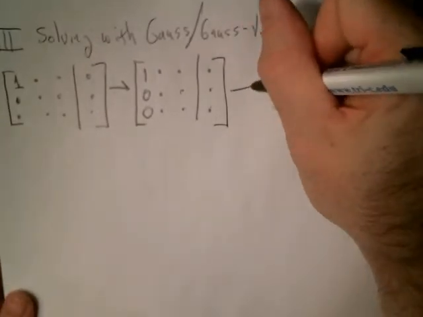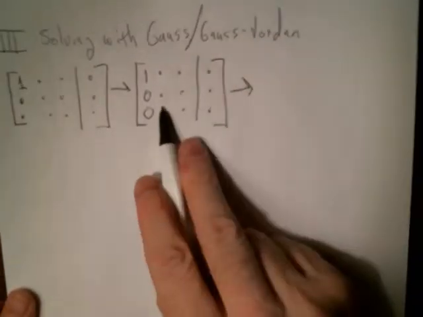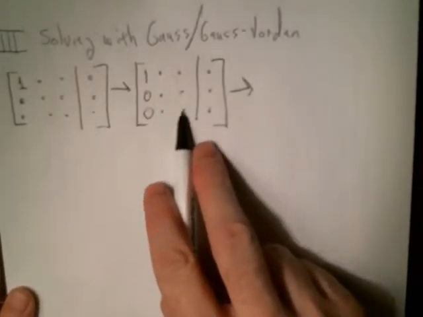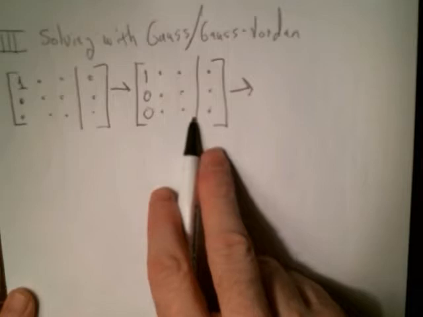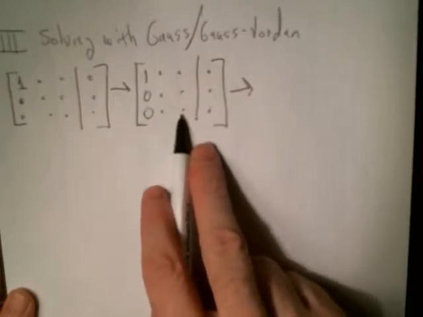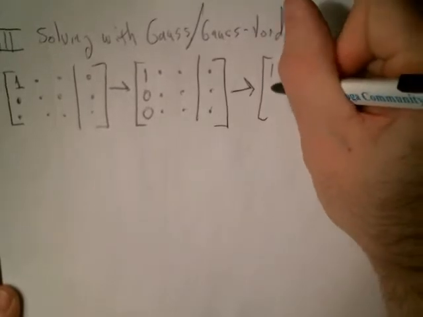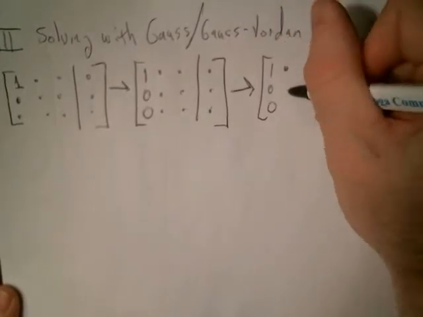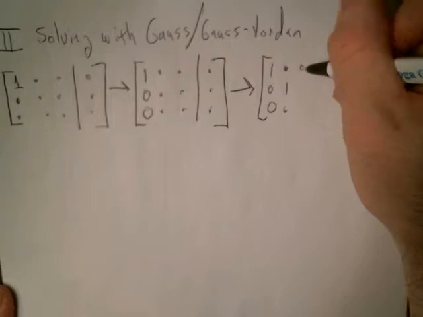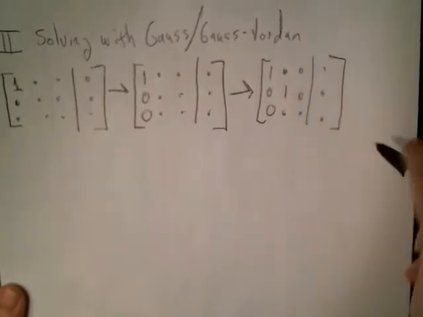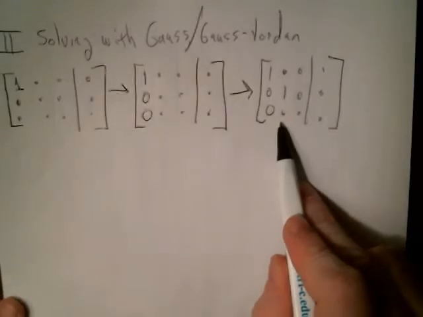Okay. My next objective is to get a 1 in this position. And the ones on this diagonal, they're going to call eventually pivot positions. Right now, we just think of this as a diagonal. And so I'd have 1, 0, 0, and then who knows, and then 1. And then I want to get a 0 below the 1.